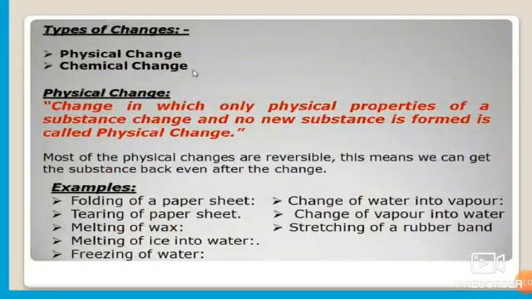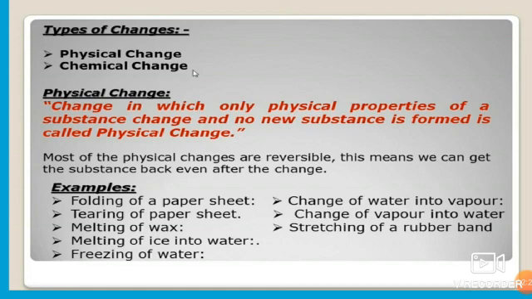Now we will discuss the two types of changes, and these are physical change and chemical change. First of all, we will discuss physical change with some examples. A change in which only the physical properties of a substance change and no new substance is formed is called a physical change.